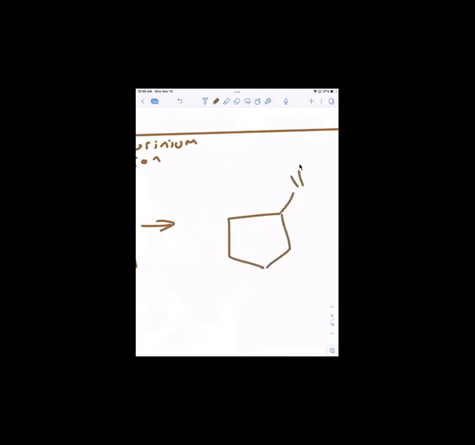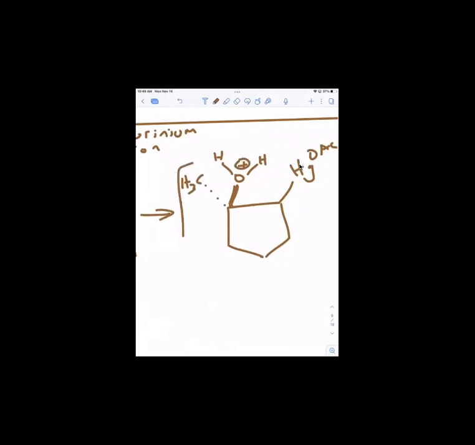So now this is HgOAc, and then this is OH2. That CH3 is still there. Let me give it some stereochemistry. And this is that CH3. So this is positive.